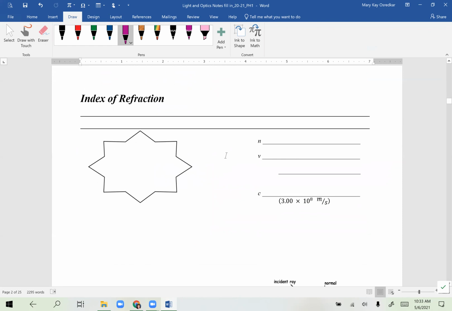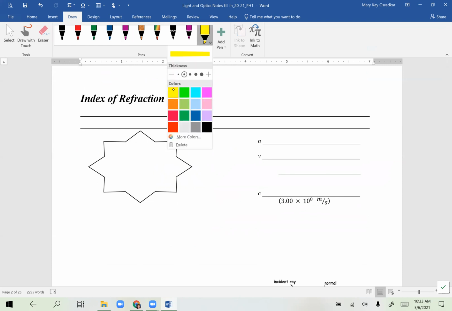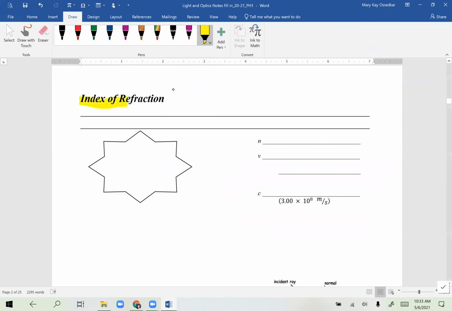So the equations we have to deal with today, the first one is index of refraction. Index of refraction is the perfect thing to talk about on the day before the AP Chem exam.